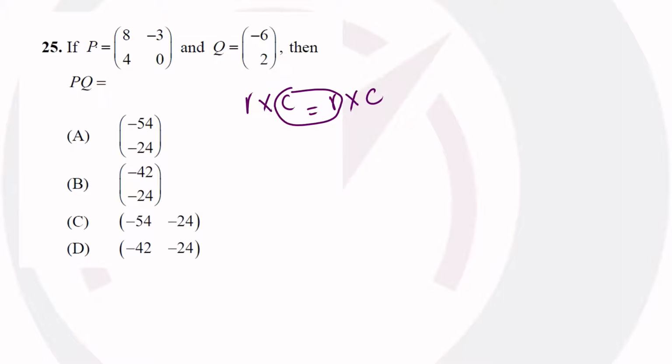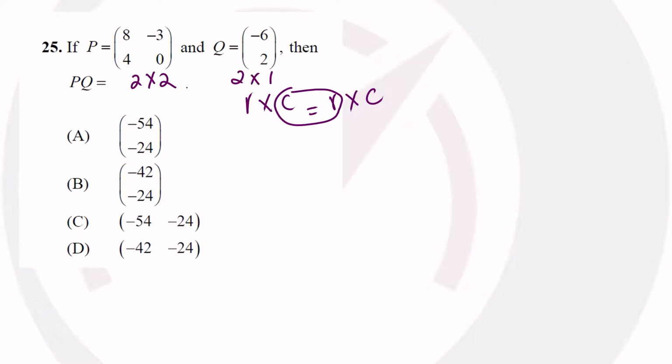Now let's look at this matrix. The matrix P has the order. What's the order of the matrix P? We have 2 rows and 2 columns, so that's a 2 by 2. Let's look at the order of the matrix Q. We have 2 rows and 1 column.